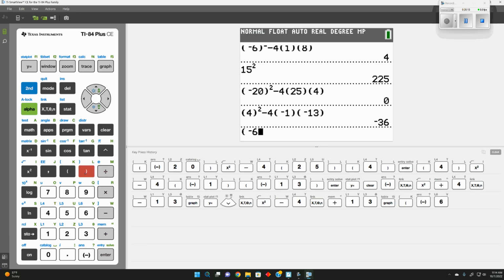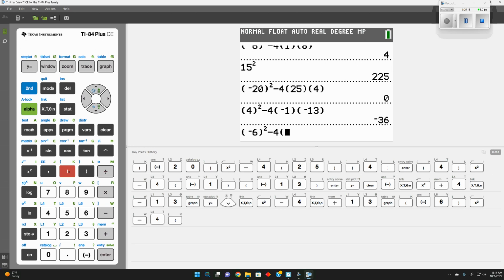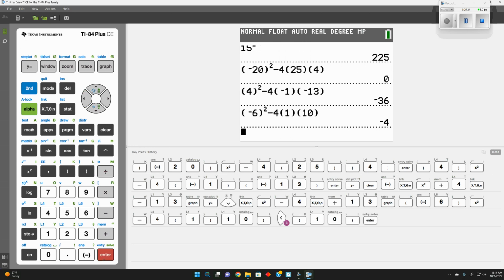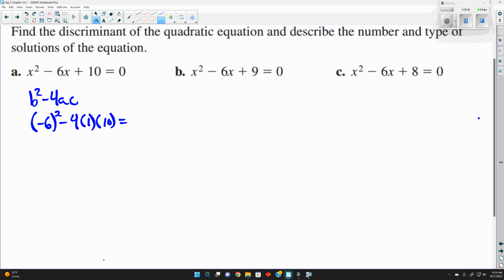Negative 6 squared minus 4 times a times c. Enter. And we get negative 4. So that's the value of the discriminant.